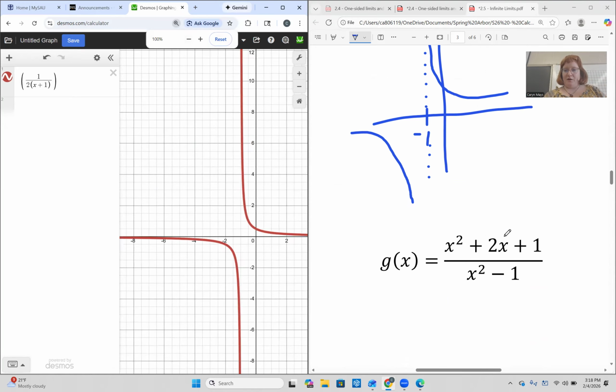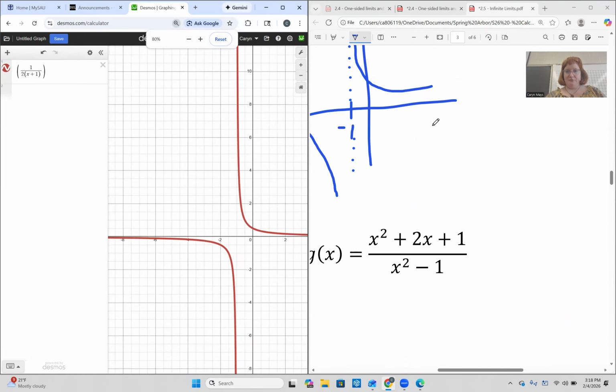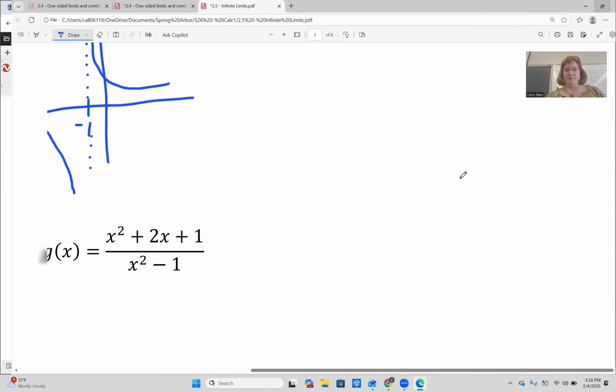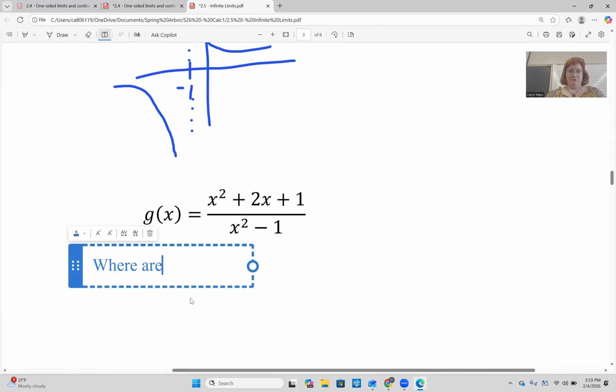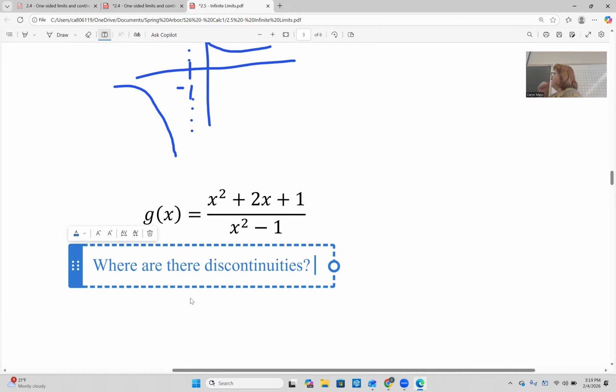All right, let's look at g of x. G of x is x squared plus 2x plus 1 over x squared minus 1. Let's first answer the question of where there are discontinuities. What values can I not plug into that denominator?